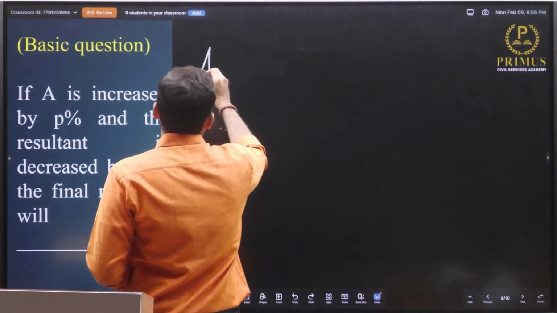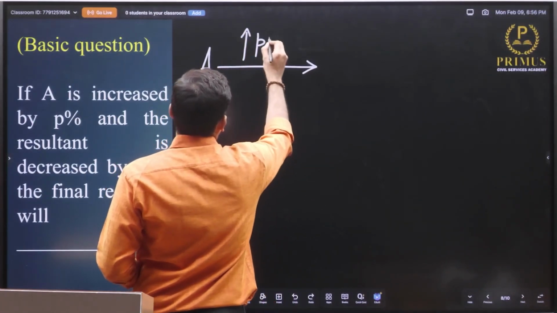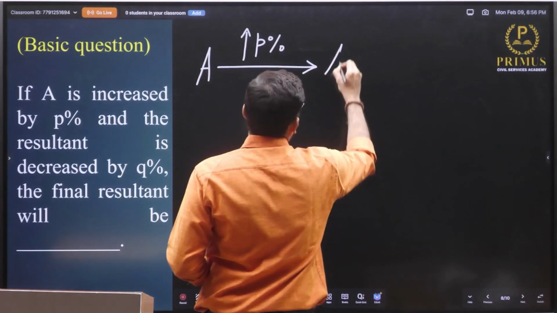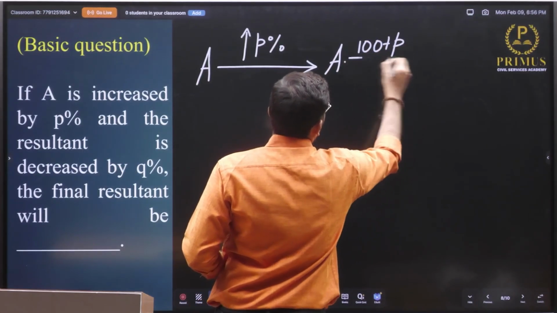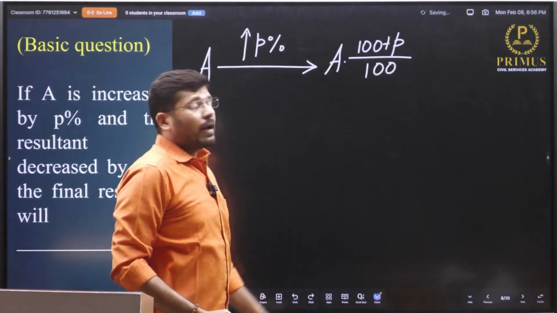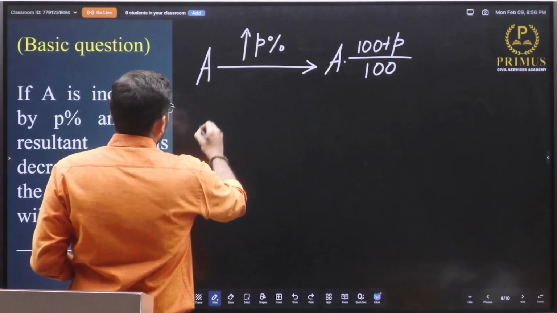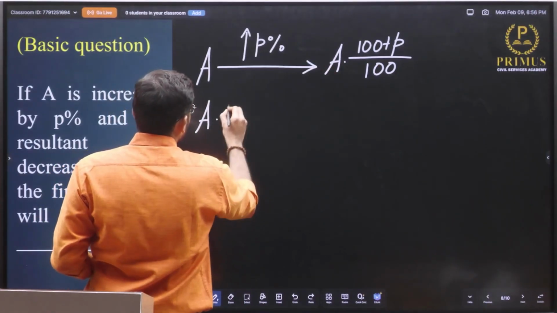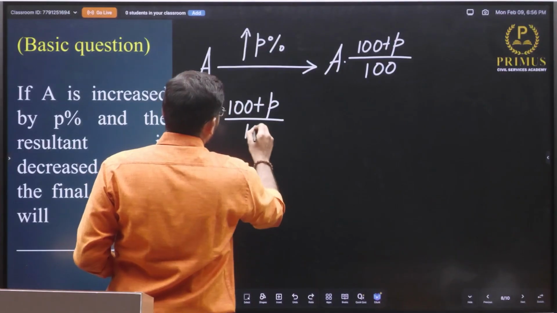If you increase A by p%, the resultant will be A multiplied with (100 plus p) divided by 100. This is the resultant. And we need to decrease this resultant by q%. So let us take this as the number, A into (100 plus p) divided by 100.